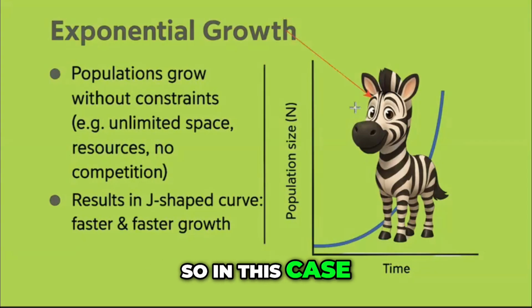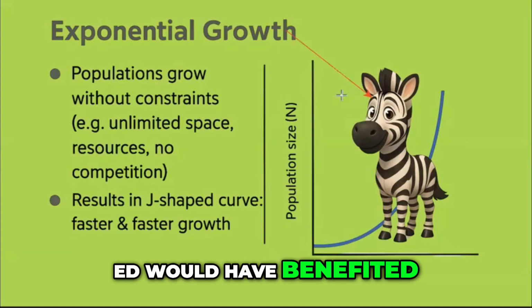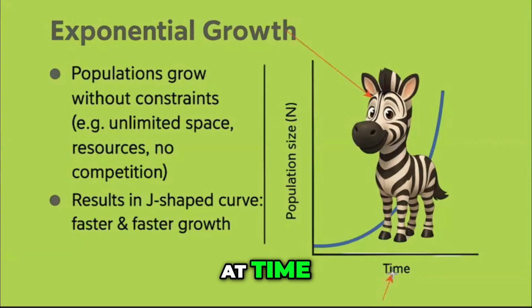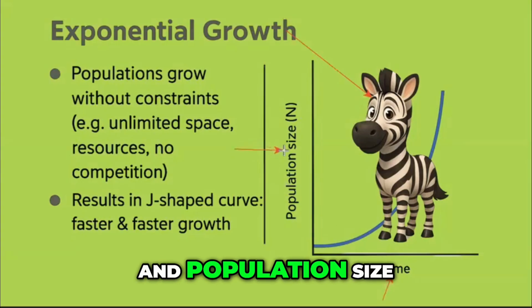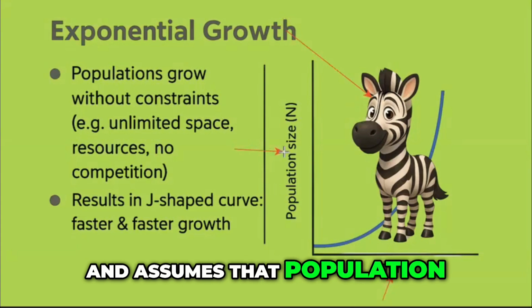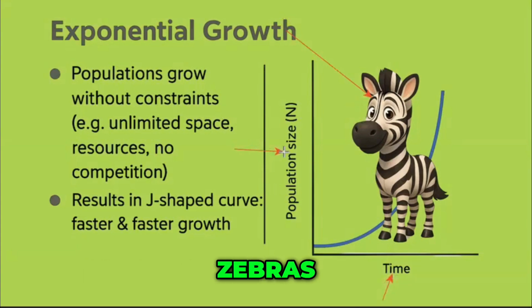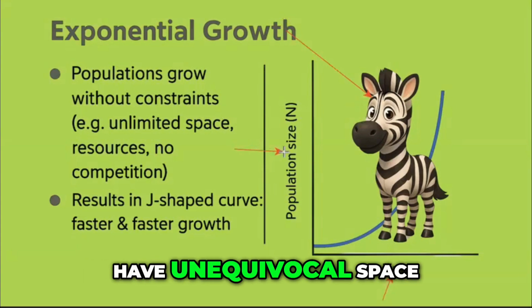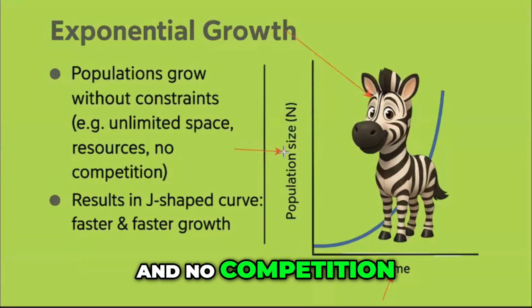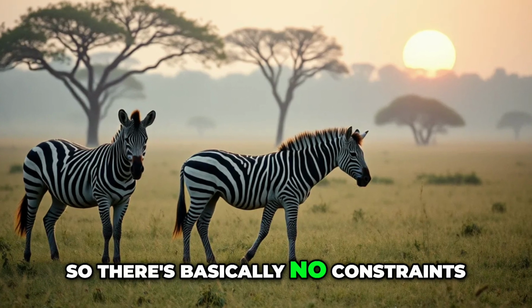So in this case, Ed would have benefited from exponential growth, which takes a look at time and population size and assumes that a population, for example zebras, has unlimited space, resources, and no competition. So there's basically no constraints.